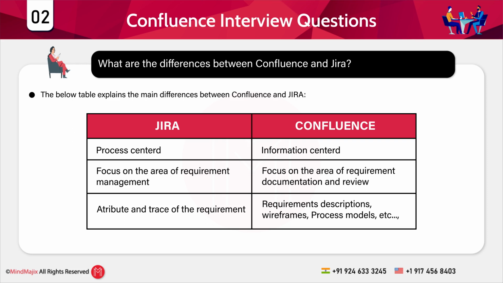Jira is process centered, whereas Confluence is information centered. Jira focuses on the area of requirement management, whereas Confluence focuses on the area of requirements documentation and reviews. Jira attributes and tracks the requirements, whereas requirement descriptions, wireframes, process models, etc. are covered in Confluence.